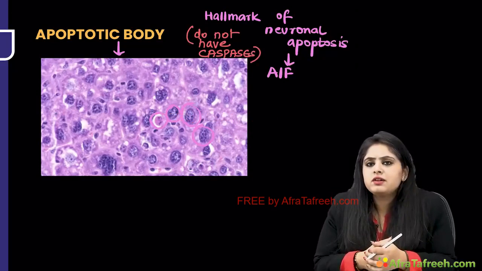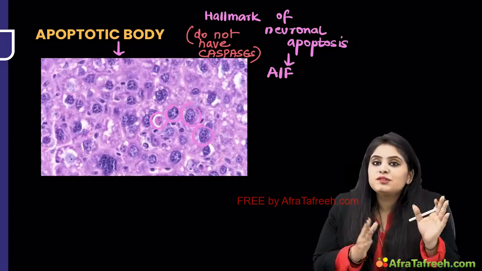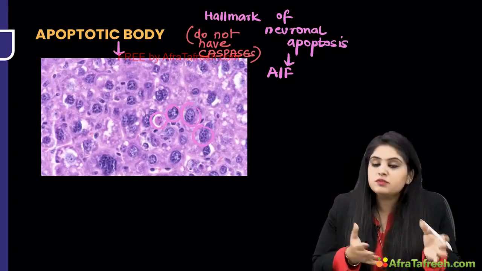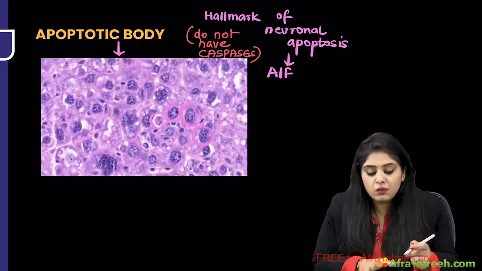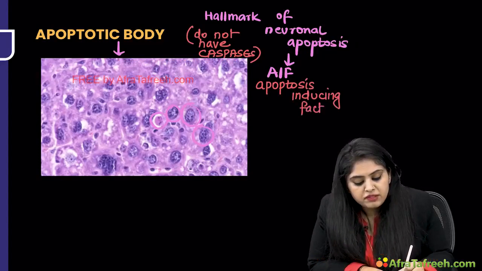How will the neurons carry out apoptosis now? When God closes one door, He opens the other, giving you a life lesson also. Just because it didn't have caspases doesn't mean that it will never carry out apoptosis. It will. How? Because God has given it AIF, apoptosis inducing factor.